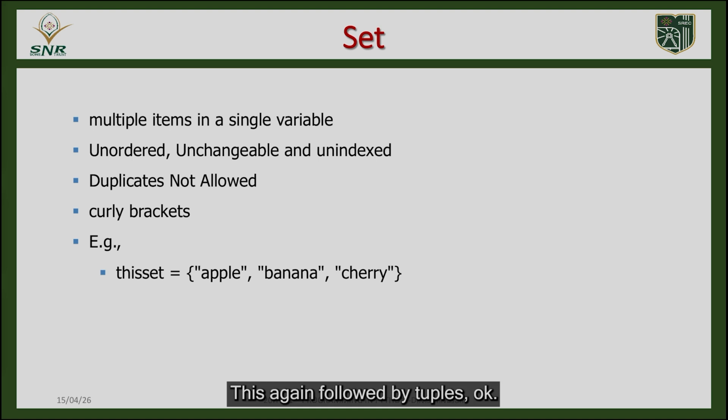List, tuples. Next concept is set. Just like it is a mathematical term, we have seen in math, in schooling or in your previous semesters, set concepts like union, intersection, all that.